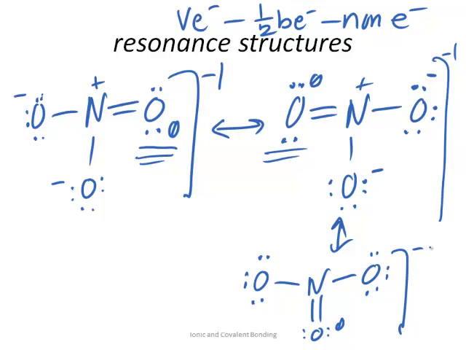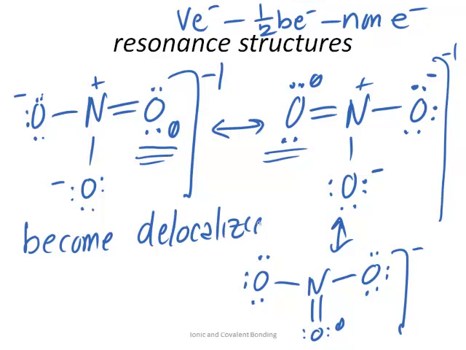So what happens is that double bond, those 2 lone pairs of electrons, become delocalized and are shared across the entire structure to achieve the lowest energy. So it turns out that all of these different scenarios occur at the same time.